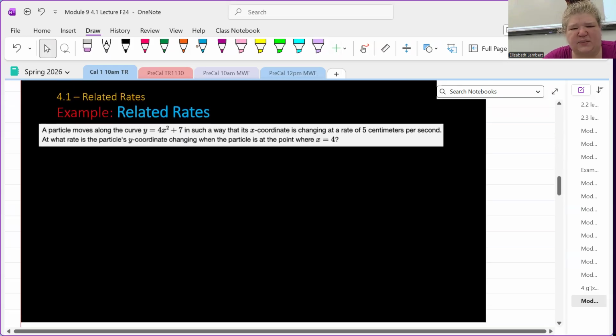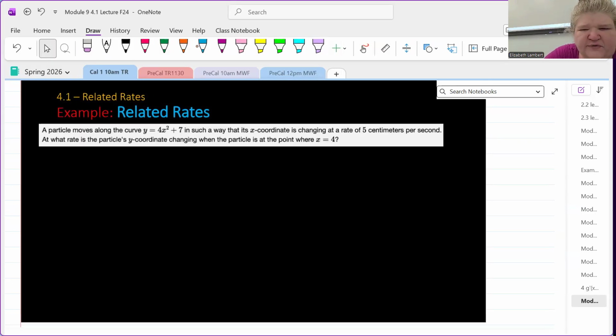So our next one, a little bit different. We've got a curve and a particle is moving along this curve. And its x coordinate is changing at a rate of 5 centimeters per second. At what rate is the particle's y coordinate changing when the particle is at the point where x equals 4?